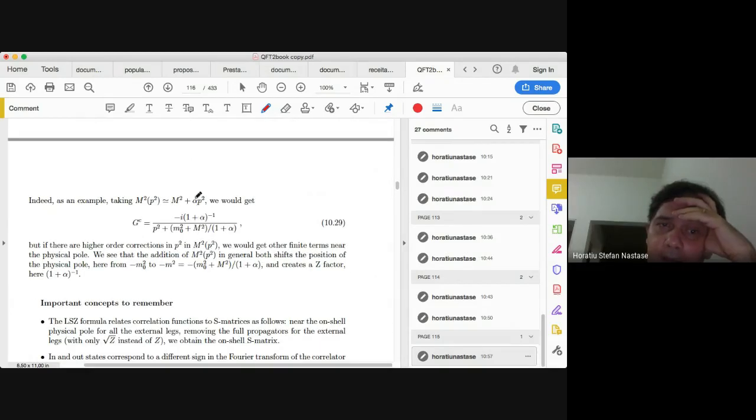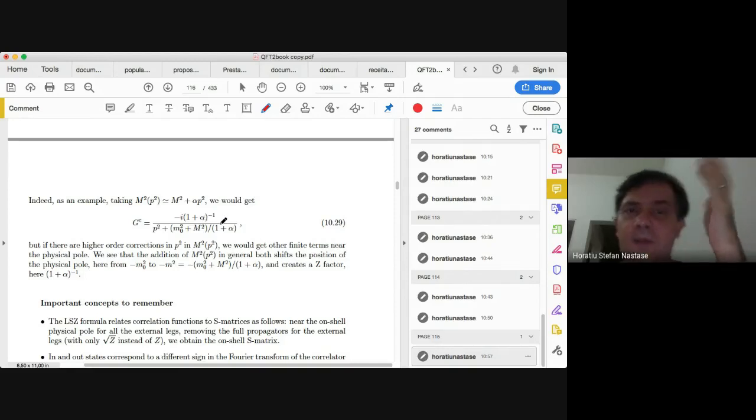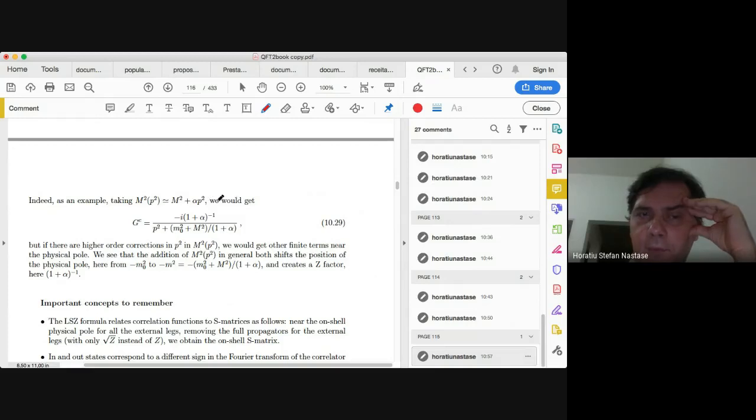But if I would introduce higher order corrections in p squared, so let's say p to the 4th, p to the 6th, p to the 8th, and so on, then I can write this as an expansion in p squared, and I will get this term plus, from the expansion part, some finite terms.